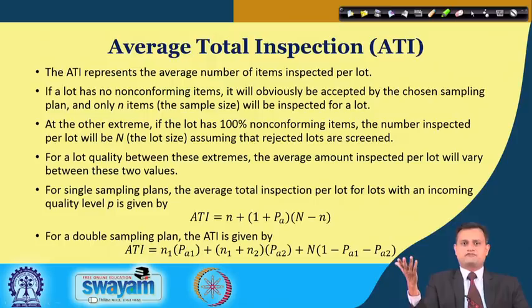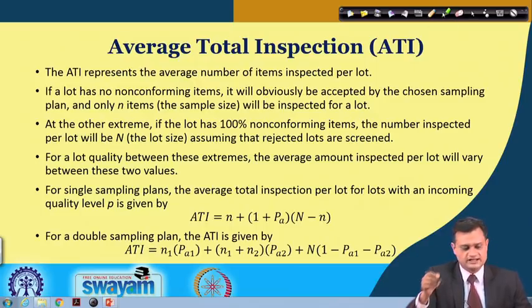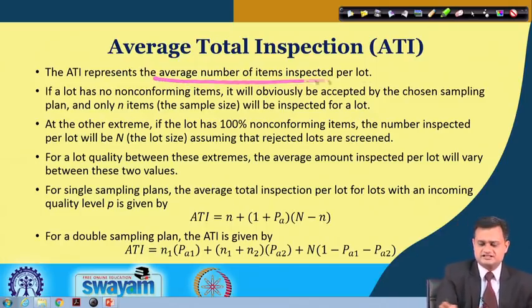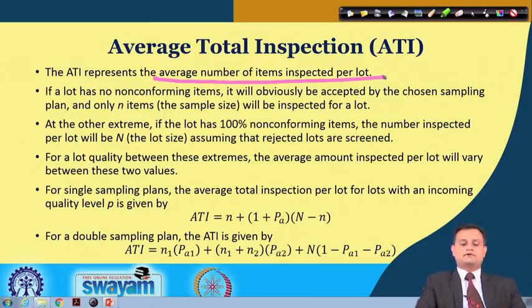Now, there is another performance measure for my operating characteristic curve or acceptance sampling plan, called average total inspection, the average number of items to be inspected per lot.